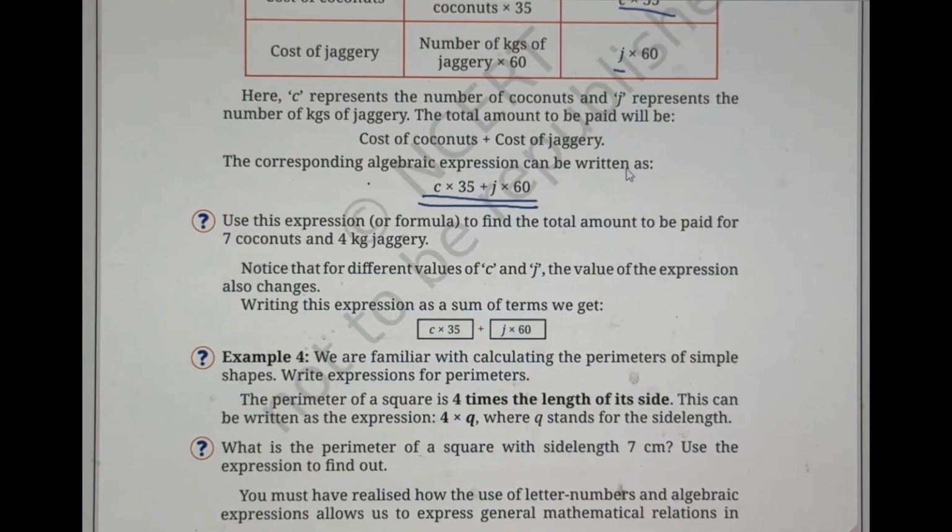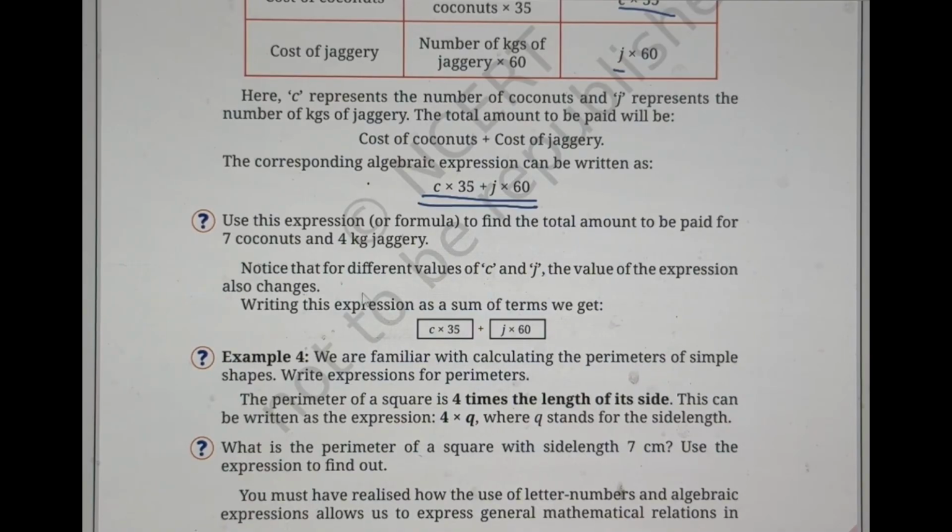Now use this expression, or formula, you can call it a formula or expression, to find the total amount to be paid for 7 coconuts and 4 kg jaggery.